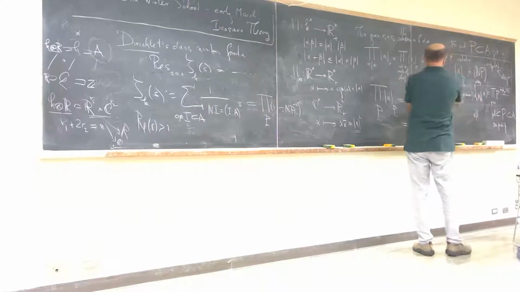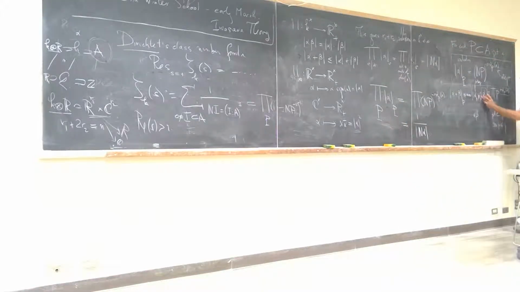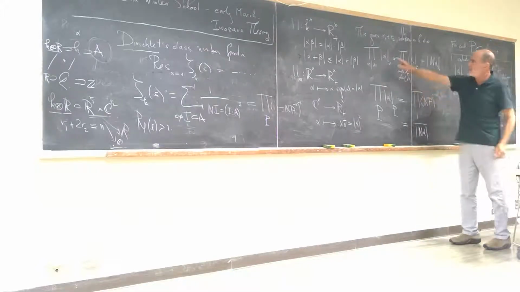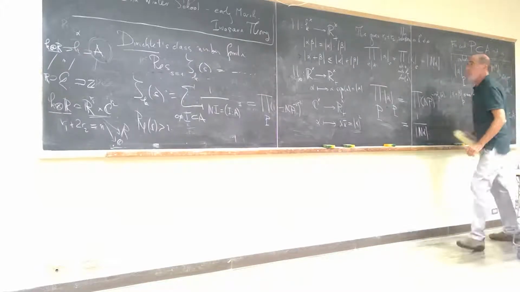Because the norm of alpha is the index of this ideal, the product over all the primes dividing it of p to the this. So that's just the norm of alpha. And consequently, if you take this times this, then it's equal to 1. And that's the famous product formula.